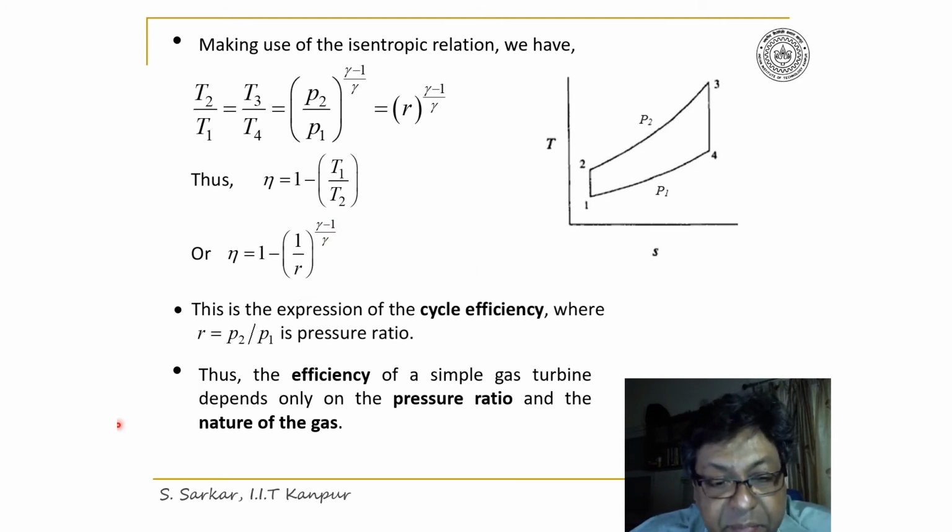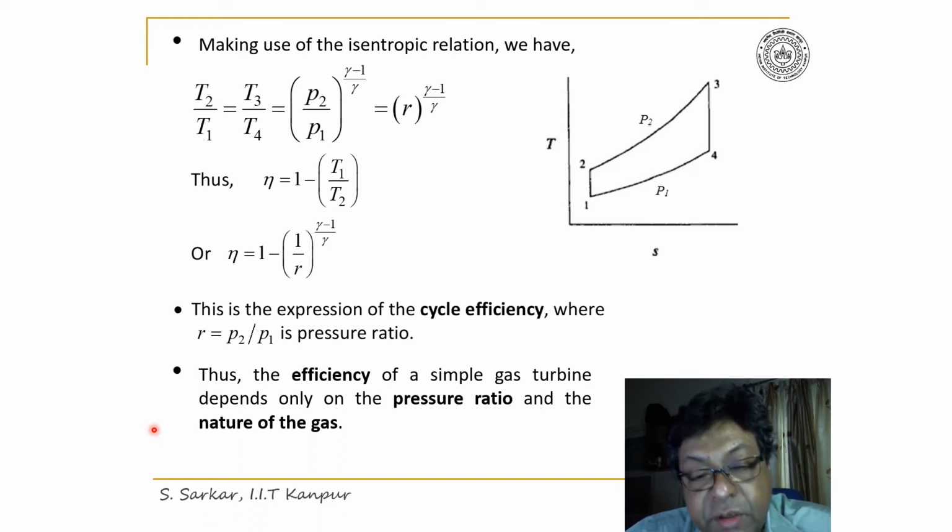Following this, I have written here that the efficiency of a simple gas turbine cycle depends only on the pressure ratio and the nature of gas. Why have I written the nature of gas? Because it depends on gamma also.